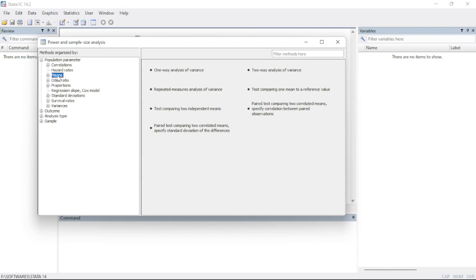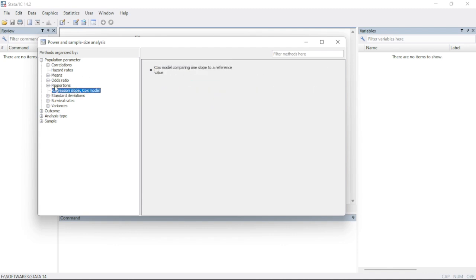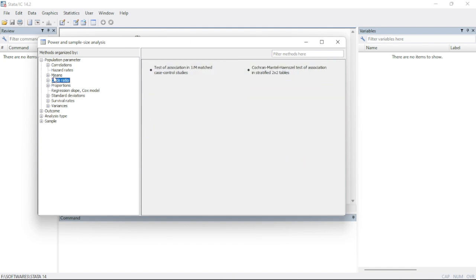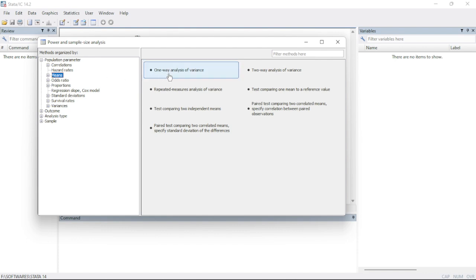So I will click on mean. Realize that anything you click on the right-hand side, an extra task comes up. So when I click on mean, there are so many things to choose from. But in my case, I'm going to use a one-way analysis of variance.